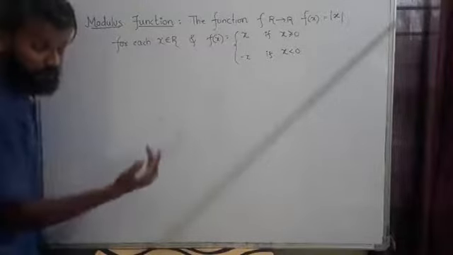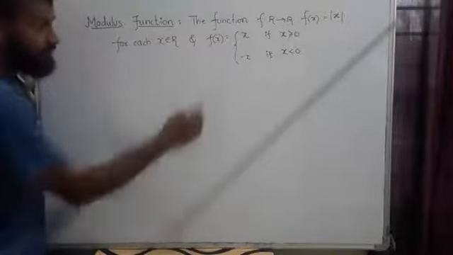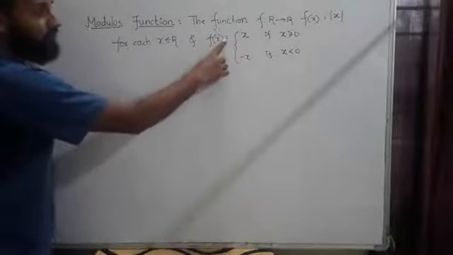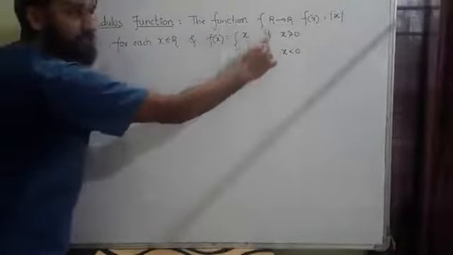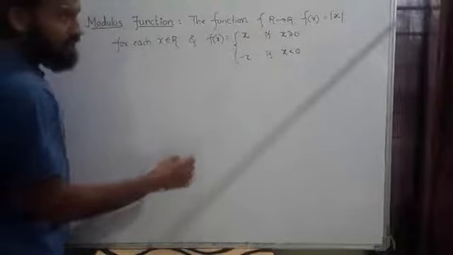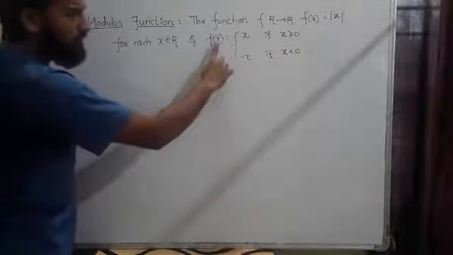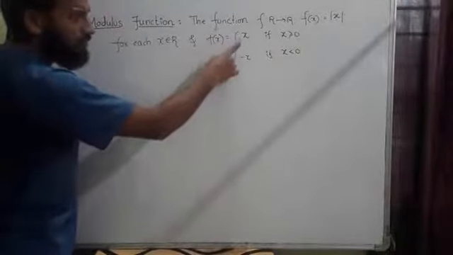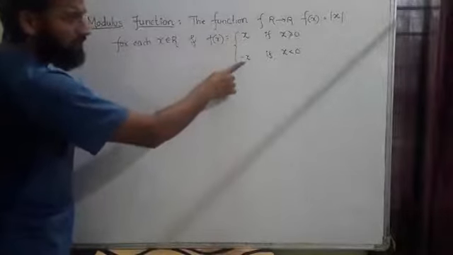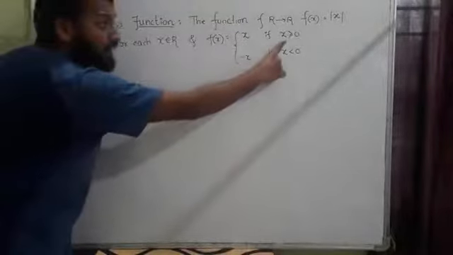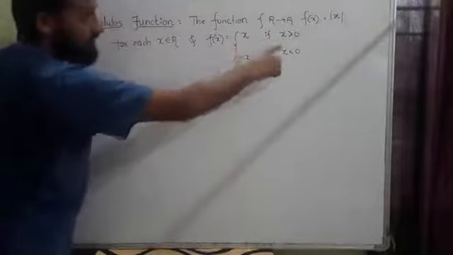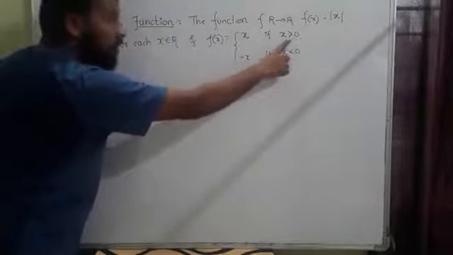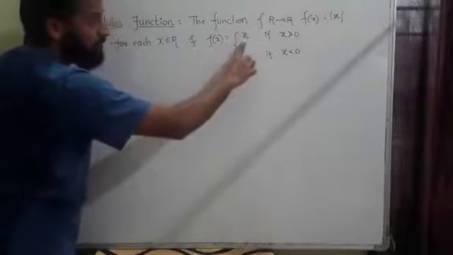From this I can say the domain is the real numbers, and f of x is a conditional function, because f of x is taking two different values, one is plus x, one is minus x, depending on the condition of x. If x is greater than or equal to 0, f of x will be x.